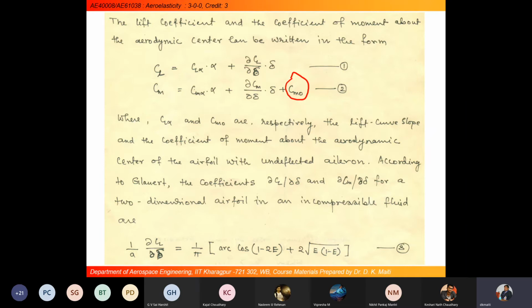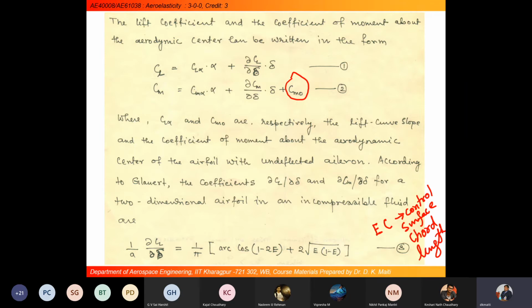According to Glauert, the coefficients CL alpha, del CL by del delta, and del Cm by del delta for a two-dimensional airfoil in an incompressible fluid can be obtained from this relation: 1 by A del CL by del delta is equal to 1 by pi cos inverse of 1 minus 2E, plus 2 into square root of E into 1 minus E. Here E into C, as we have defined, is the control surface chord length.